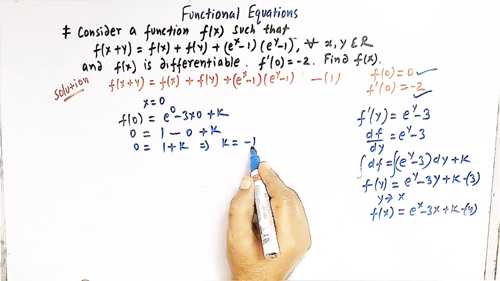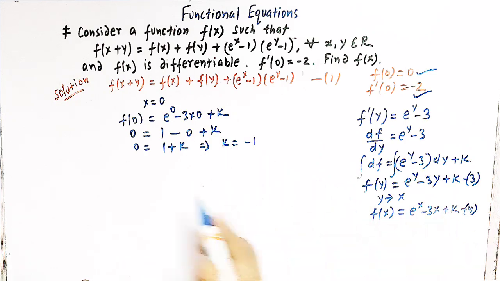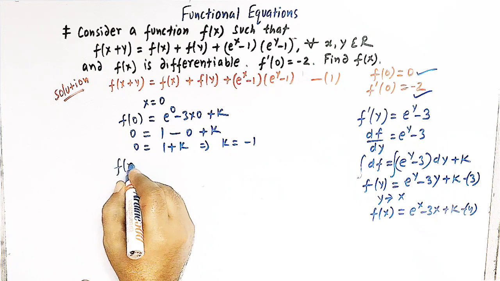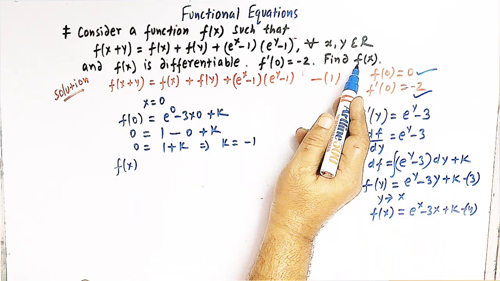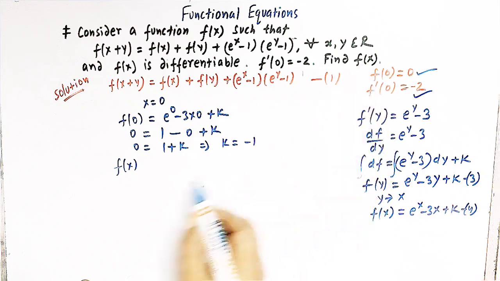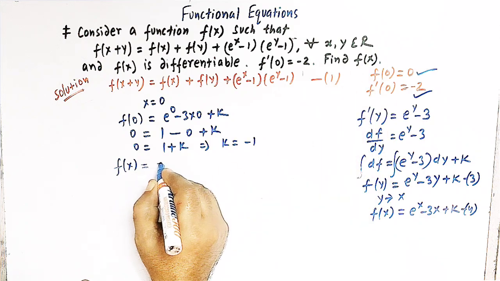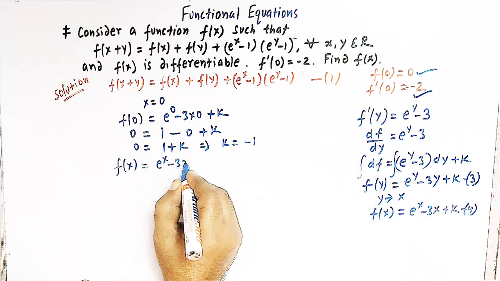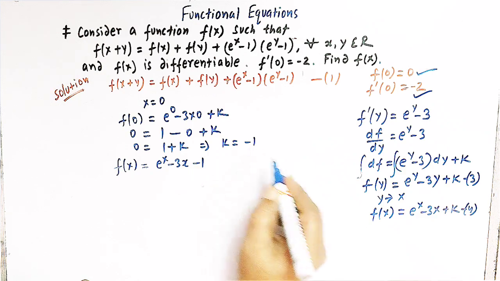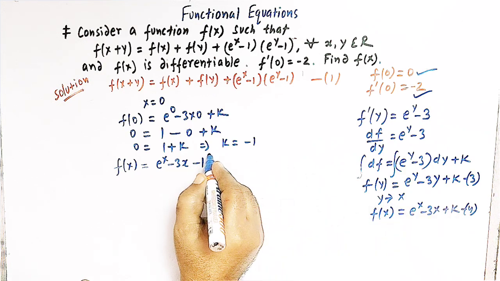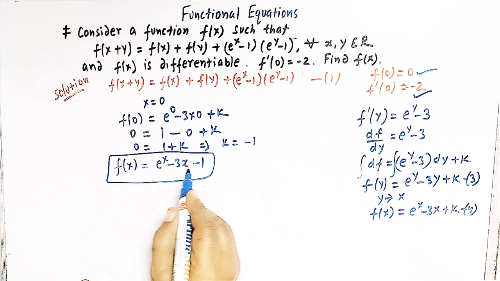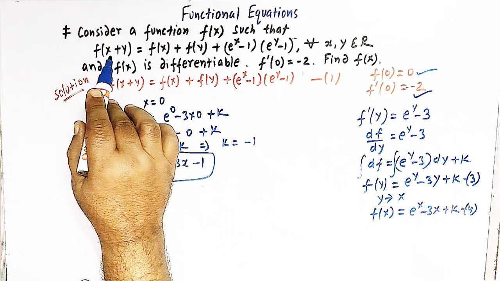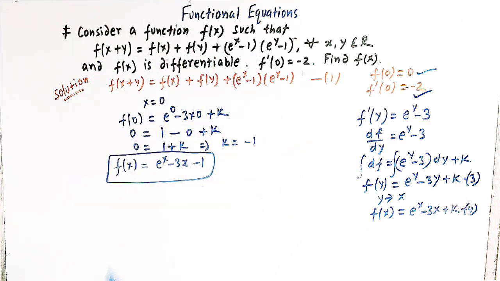Taking k is equal to minus 1, the function f of x, which is to be determined, is given by e raised to x minus 3x minus 1. So this is the required function f of x which satisfies this functional equation.